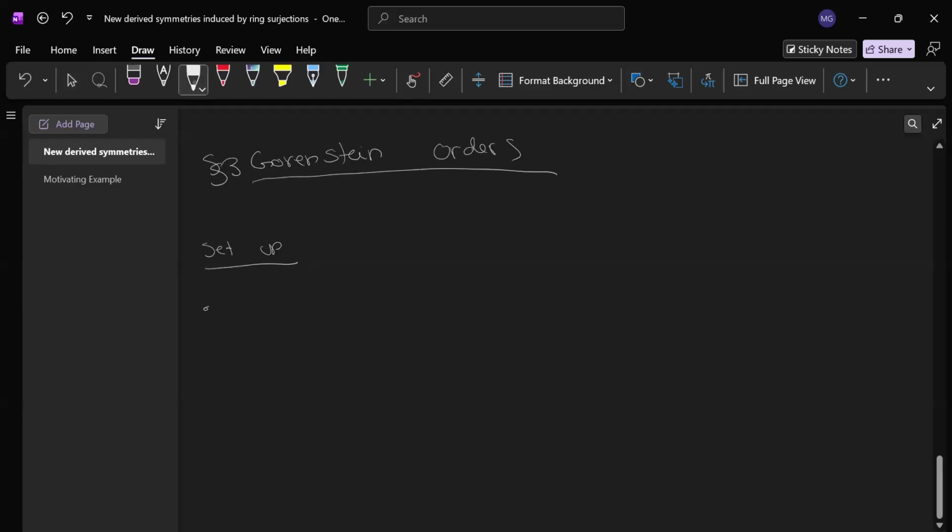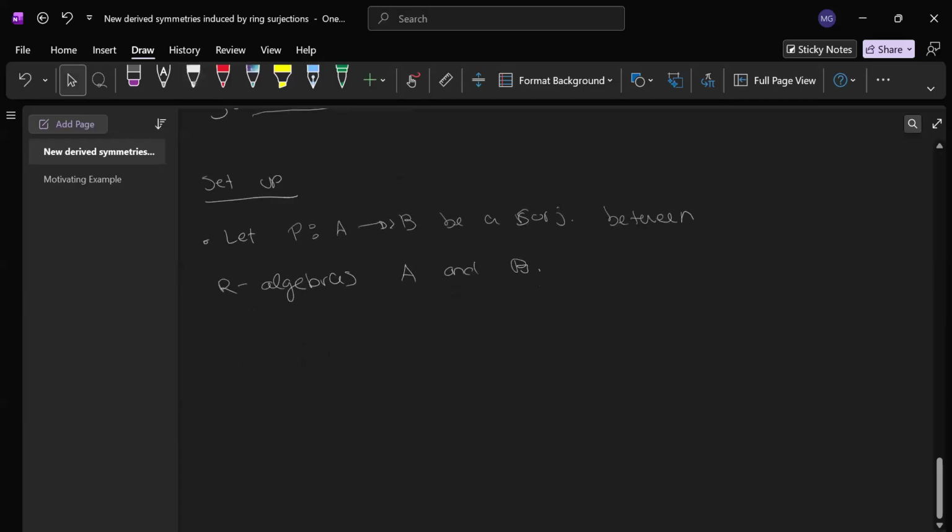Okay, so we'll start with a ring surjection between R algebras, A and B. And we're going to assume that this ring R is a Noetherian local Gorenstein ring of finite Krull dimension.